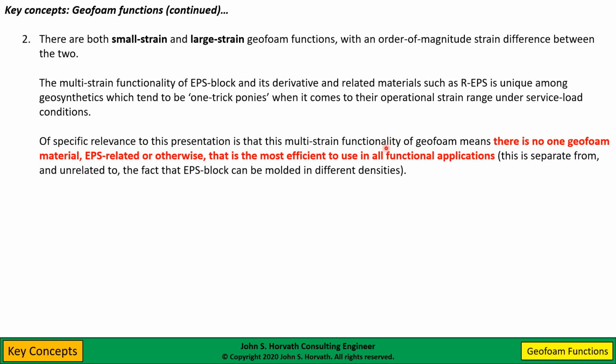I'm emphasizing this, and I will emphasize it again, because one of the many bad habits that have developed in using EPS-related geofoams for pressure reduction is a way of thinking that one product can do it all, and that is simply not the case. Not in a cost-effective, efficient way.